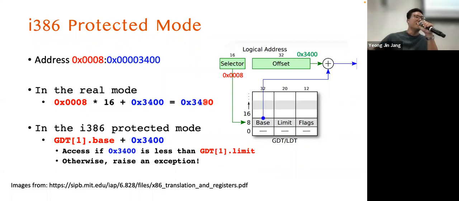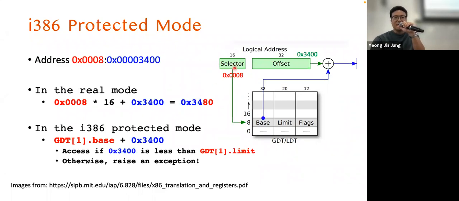The CPU will work in a completely different way. This is the selector for the global descriptor table. You recall that JOS defines the table with entry 0 as a null segment, offset 8 having the code segment, and offset 16 having the data segment.